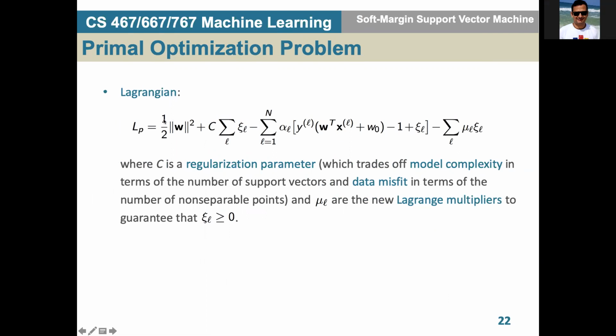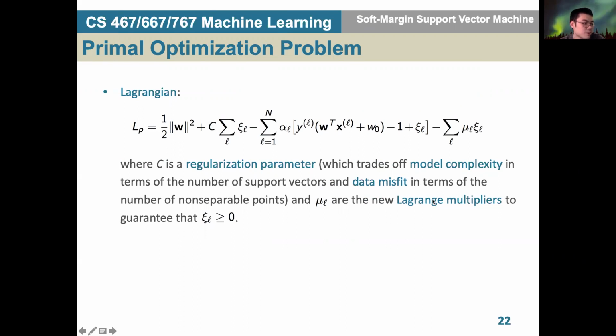Any questions? So again, this C trades off the model complexity. You need to use, let's say, grid search, the grid search cross-validation in scikit-learn, to find the best C. This is a model complexity hyperparameter. The larger C, of course, the simpler model, but this may cause data misfit.